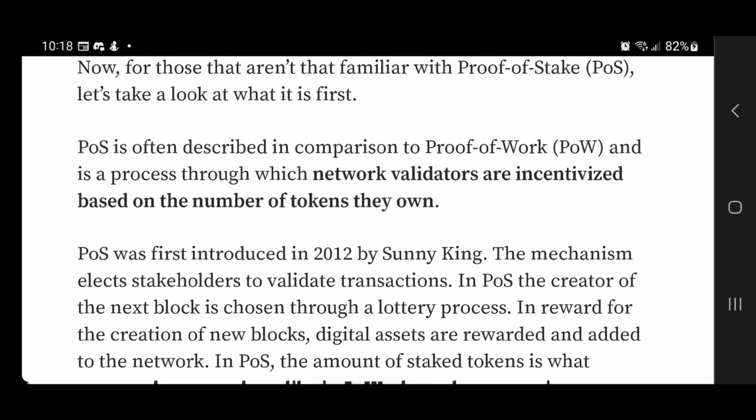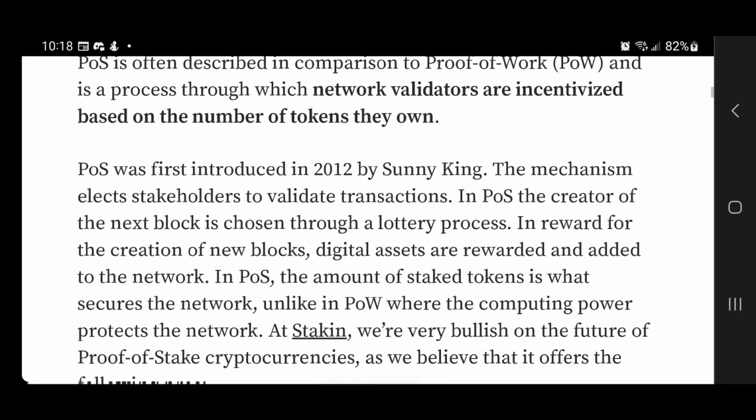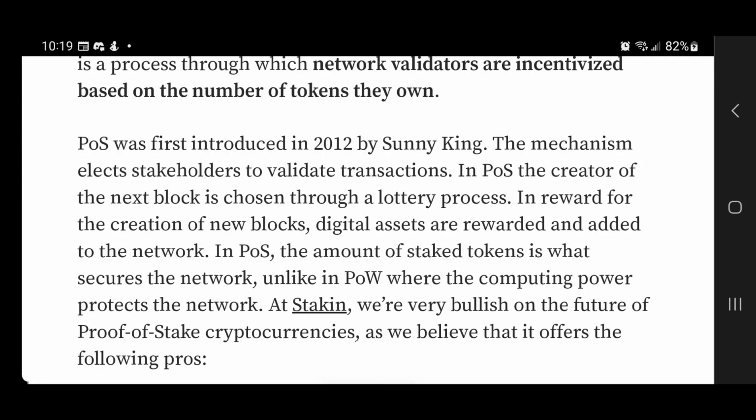Proof of stake is often described in comparison to proof of work and is a process through which network validators are incentivized based on the number of tokens they own. Proof of stake was introduced in 2012 by Sunny King. The mechanism elects stakeholders to validate transactions. In proof of stake, the creator of the next block is chosen through a lottery process. In reward for the creation of new blocks, digital assets are rewarded and added to the network.